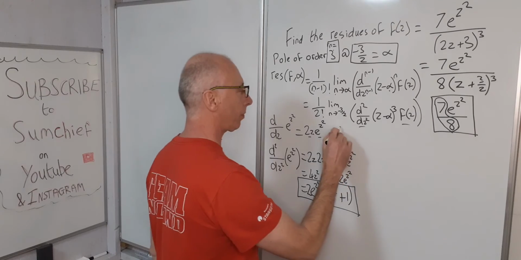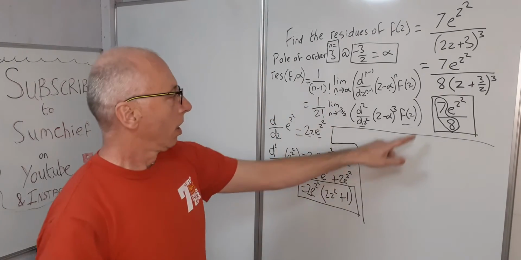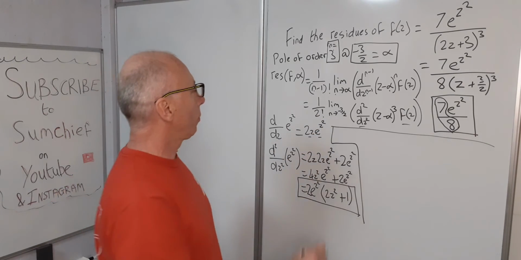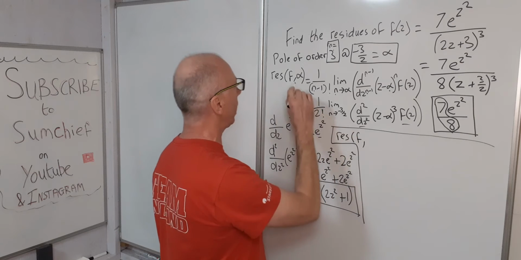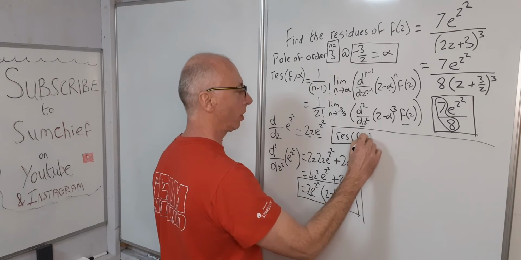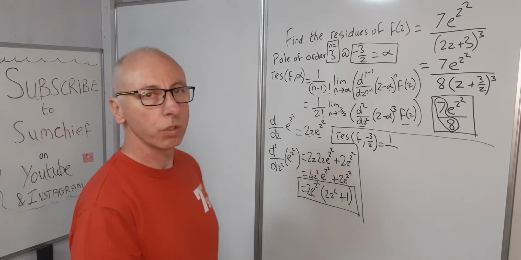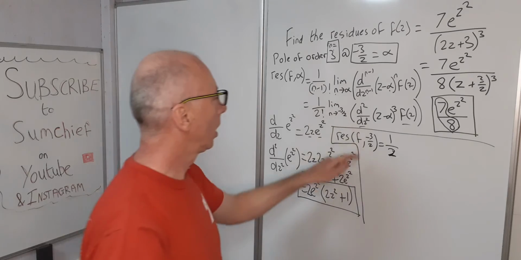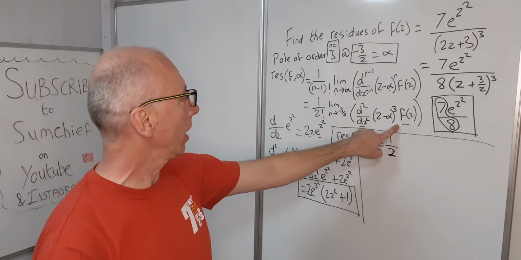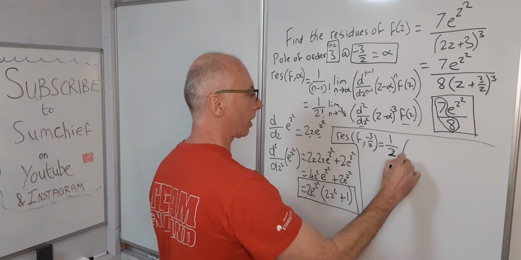Okay, so we've got all our workings out here. So the residue of f at alpha, which is minus 3 over 2, equals 1 over 2 factorial, which is just 1 over 2, times our derivative of f of z, where we've got to plug the 7 over 8 in again.